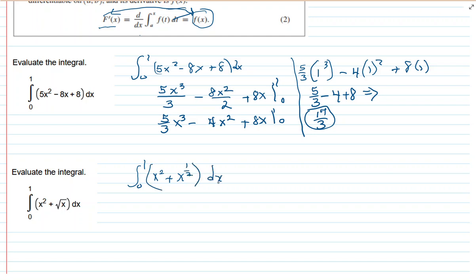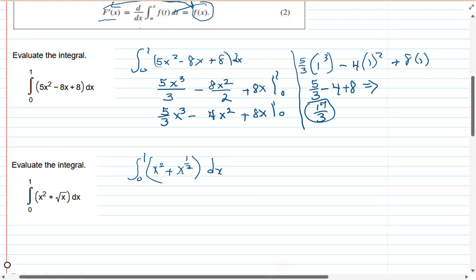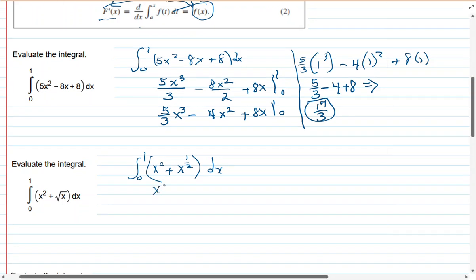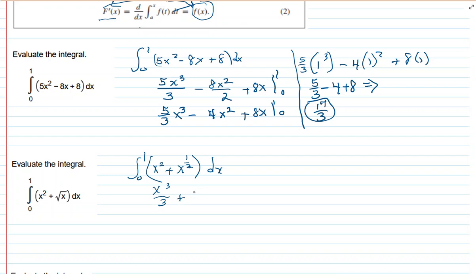And now I'm going to take the antiderivative of it. All right, from 0 to 1. Again, 0 in anything is going to be 0 as we get the x's there. So I'm going to rewrite it.